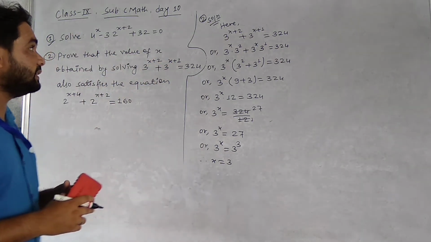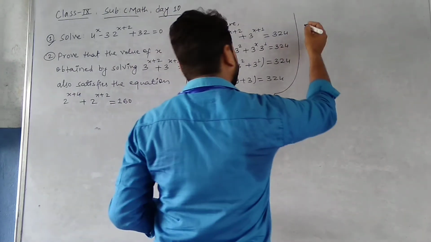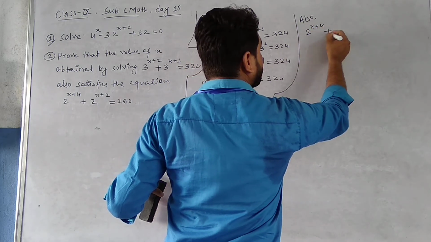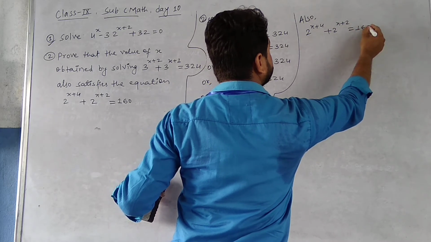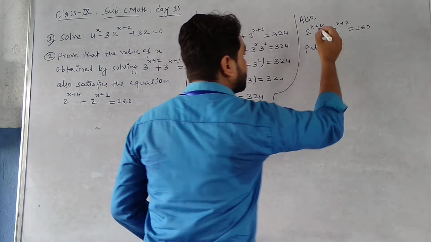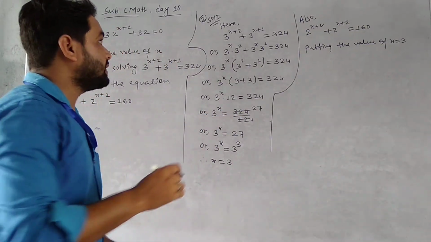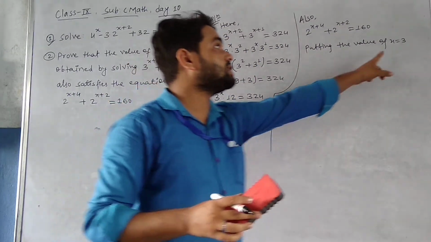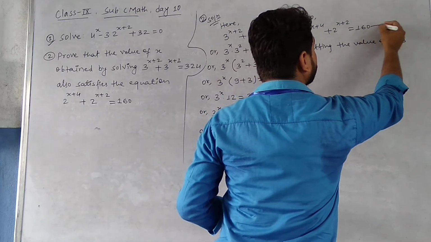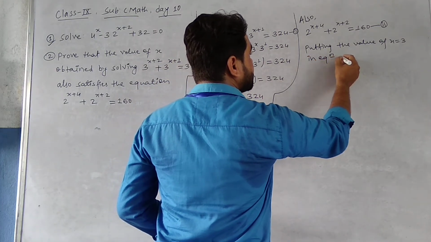So in the second equation, 2 power x plus 4 plus 2 power x plus 2 equals to 160, we are going to put the value of x equals to 3.